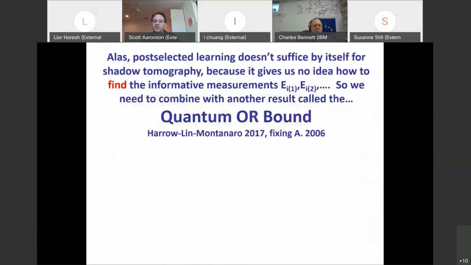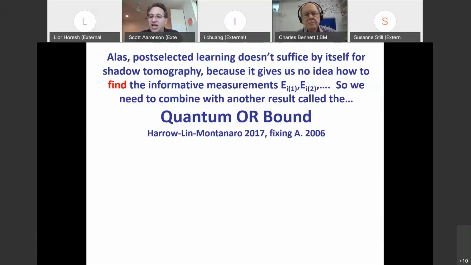Okay, but of course, in the real shadow tomography problem, we don't have that. We just have a bunch of copies of rho in our lab. And so if we want to find measurements that are informative about rho, then we've got to find them ourselves. So we need a second result, which I call the quantum OR bound.